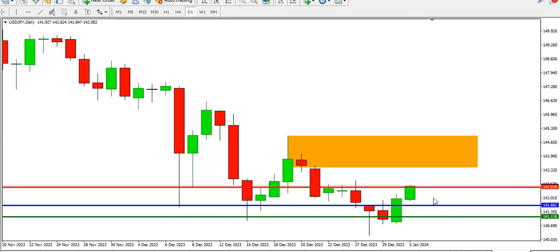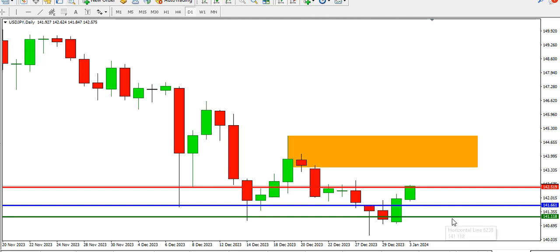All right, so you might want to consider buying USDJPY, and don't forget, if USDJPY is going up, of course, gold is negatively correlated to USDJPY. You expect gold to go downwards if USDJPY is going upwards. So for now, price is not likely to get to the daily pivot support, which is at 141.118.